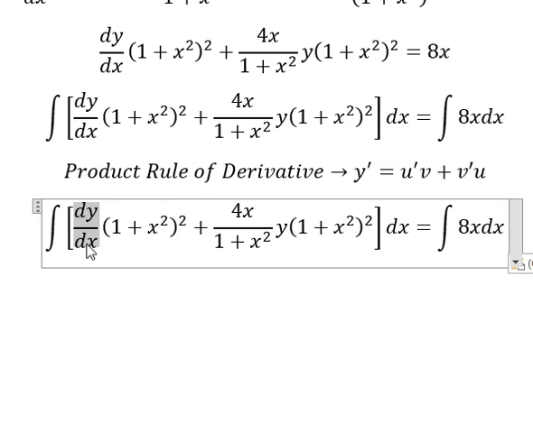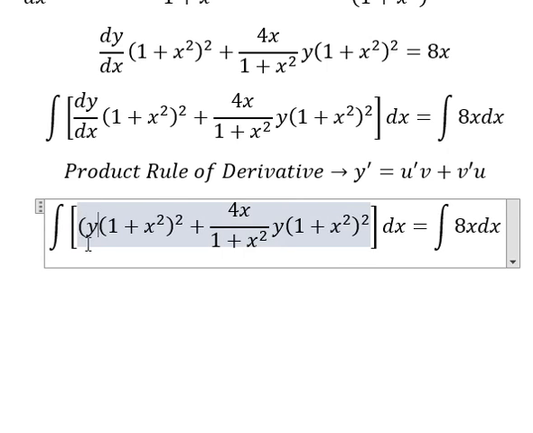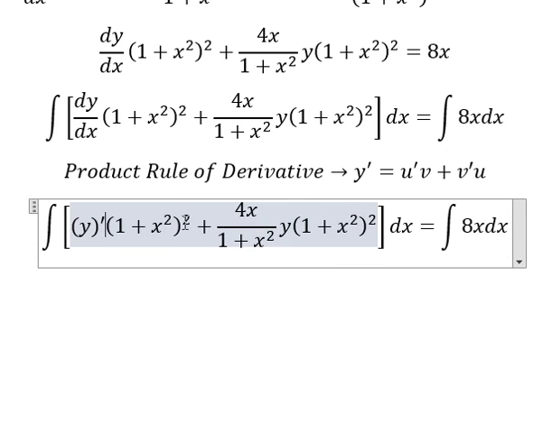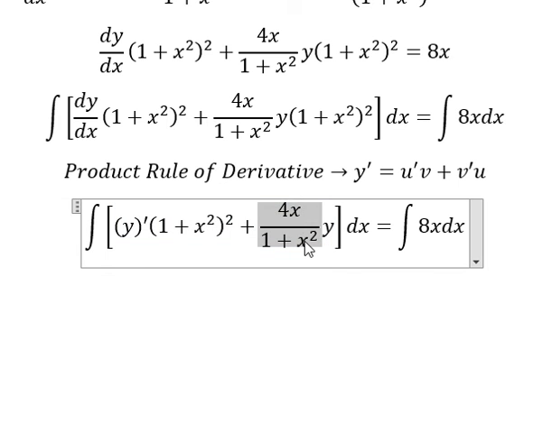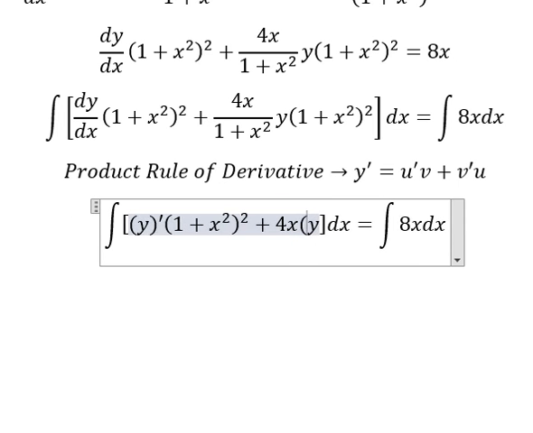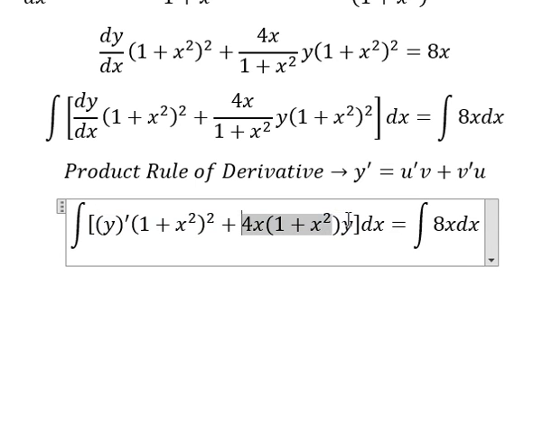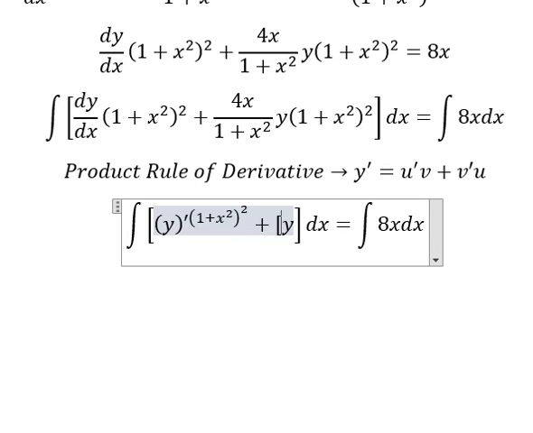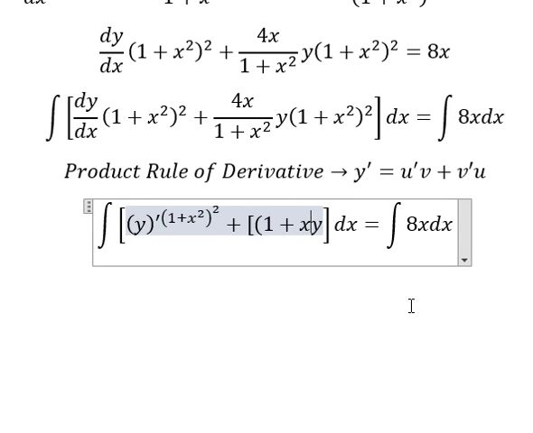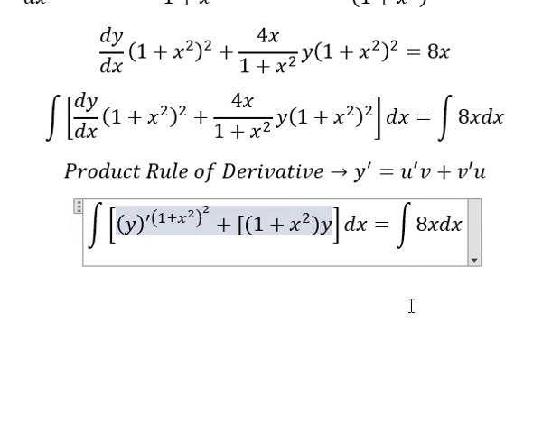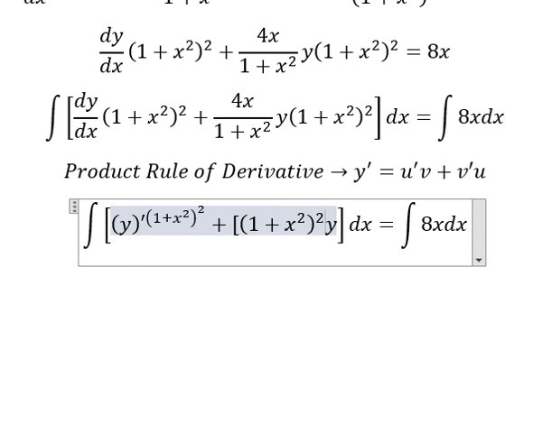So this one is the first derivative of u multiplied by v. For s over 1 plus s squared multiplied by this one, we simplify and you get 4s multiplied by 1 plus s squared. So this one is the first derivative of (1 plus s squared) to the power of 2.